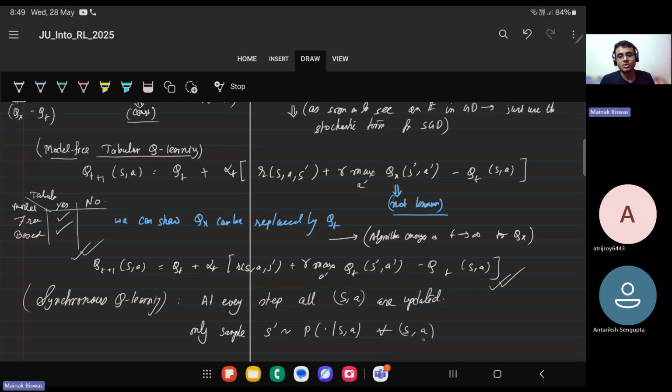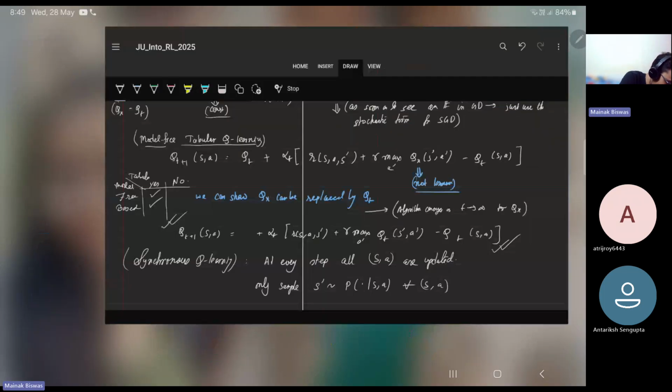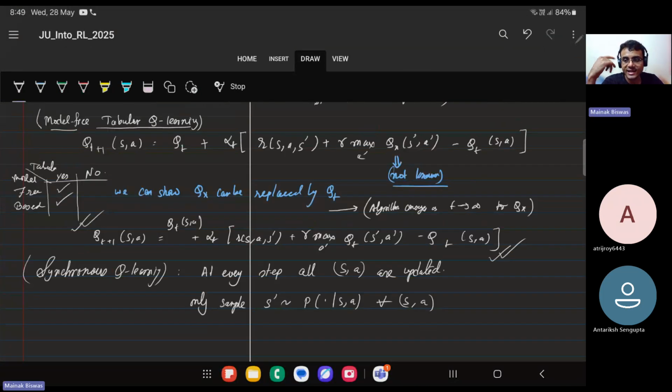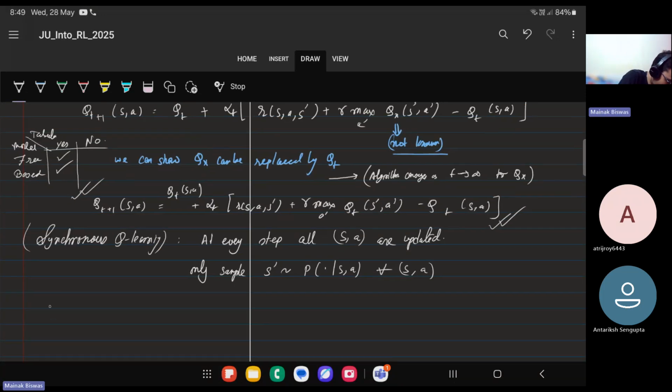Is this clear to everyone? So what am I doing at every step? At every step, I'm running over all states and actions, and I'm sampling the next state s dash, and then updating every state like this. Is this clear? So what am I doing?